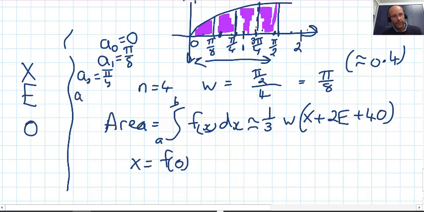A of 3, 3 pi on 8. That should have been an 8 there before. That was a bit of a goof. And A of 4 is pi on 2. Alright, so there's actually 5 numbers going on there because there's 5 boundaries for 4 strips, right? Of course there is. And we've got, x equals f of naught plus f of A of 4, that end one there.